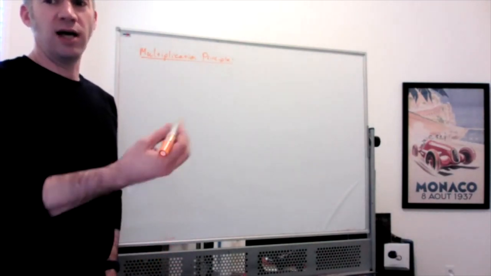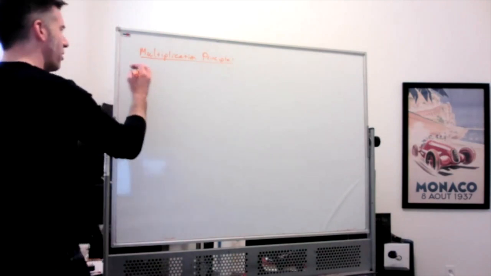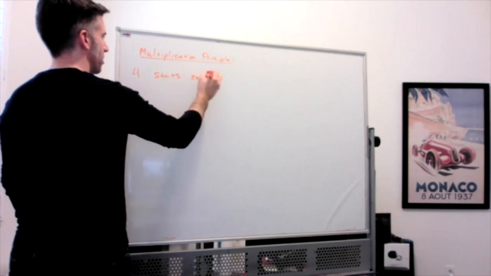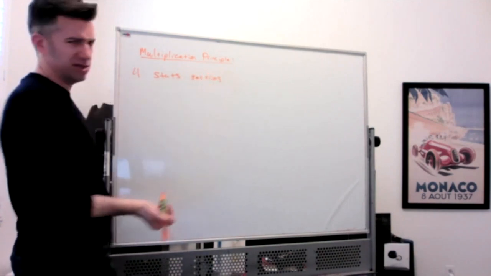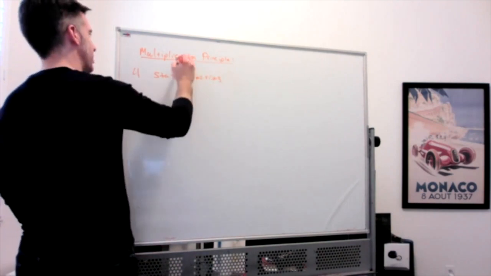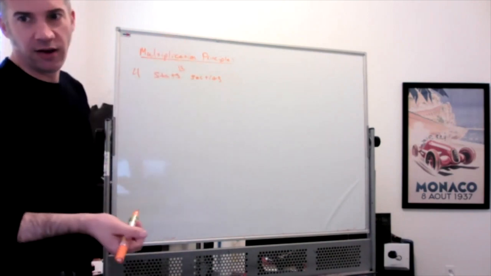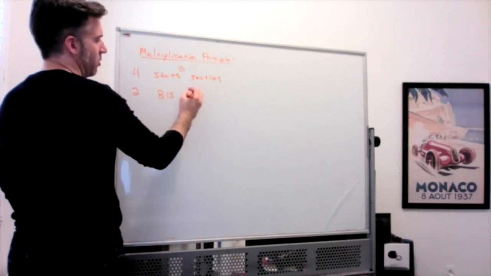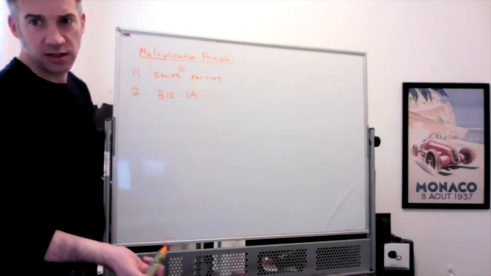So in planning your class schedule for next quarter, there are 4 different stats sections. Let's say stats 13. And there are 2 different biosci, let's say 1A sections.